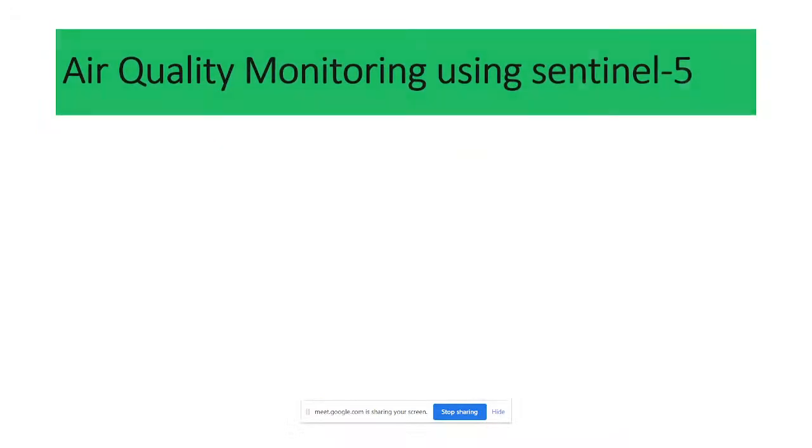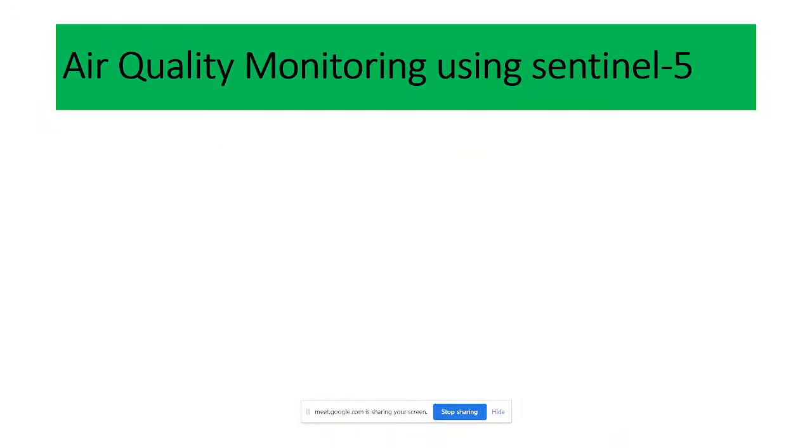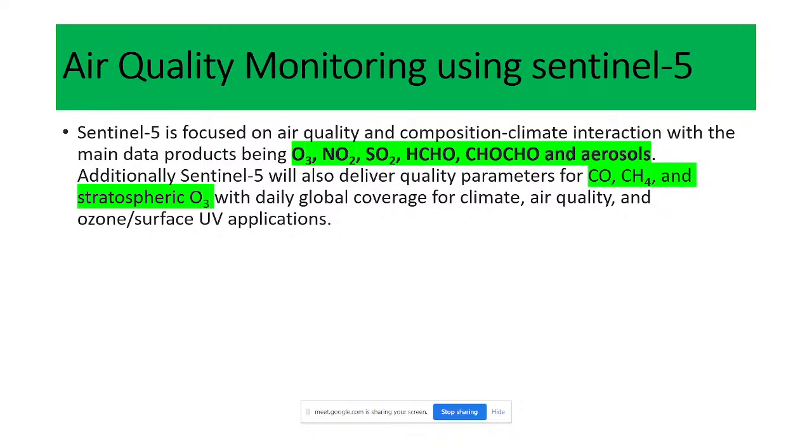When you want to work with air quality monitoring, first of all, we need to know which data set we are using. We are using the Sentinel-5 satellite imagery for monitoring different types of gases in the atmosphere. Sentinel-5 is a satellite focused only on air quality and composition of climate interaction, with the main data products being ozone, nitrogen dioxide, sulfur dioxide, formaldehyde, aerosol, carbon monoxide, and methane.